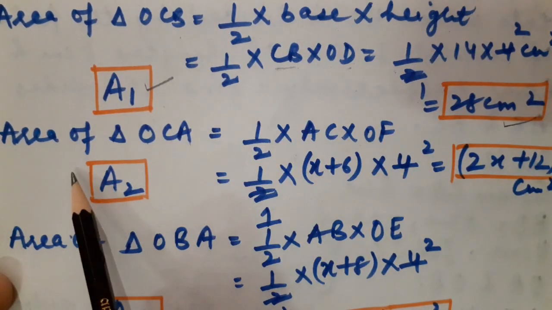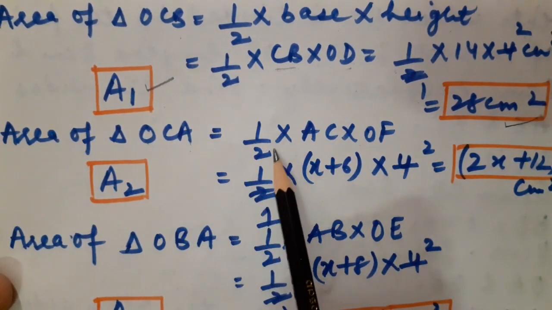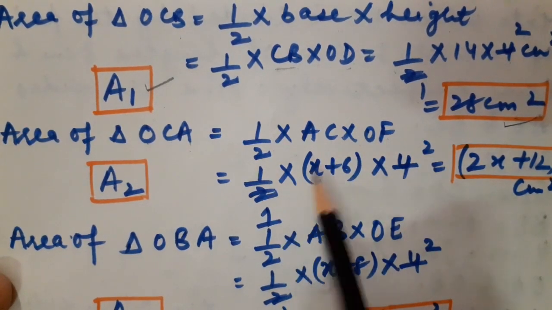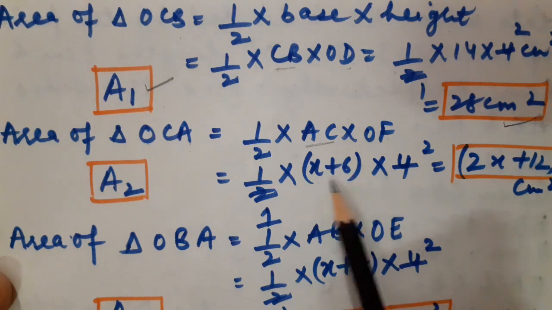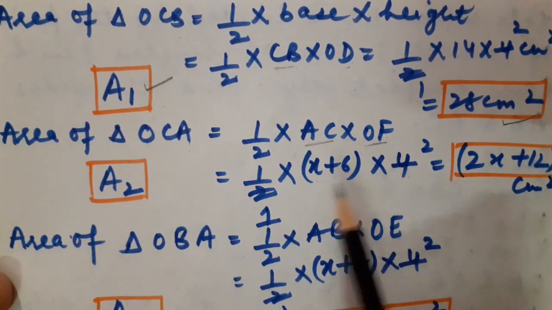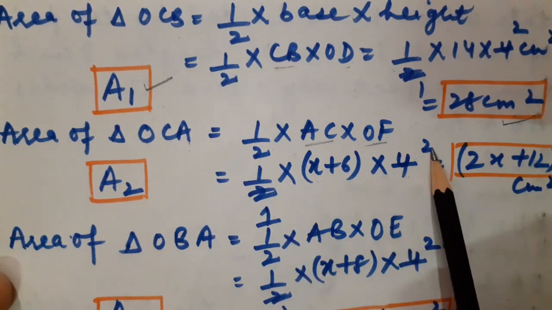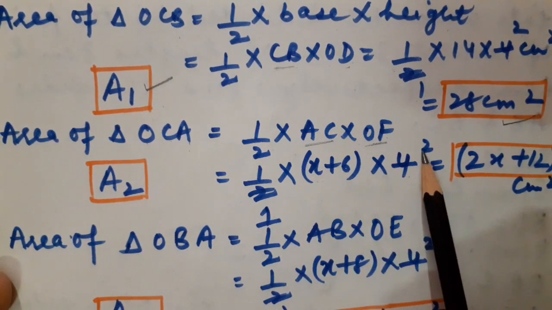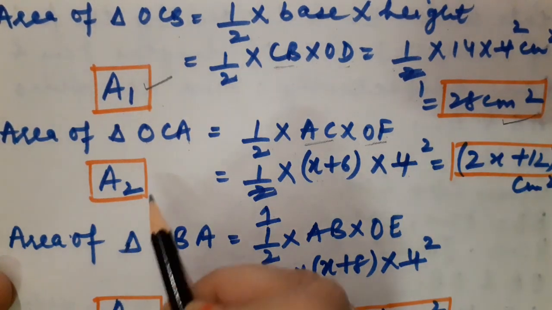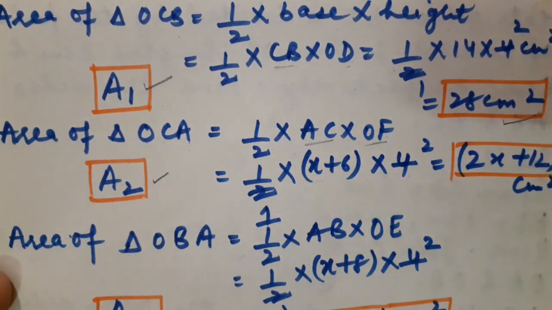So area of triangle OCA is equal to half into AC into OF. What was the length of AC? X plus 6 into what is the radius? That is 4 centimeter. 2 ones are 2, 2 twos are 4. So x plus 6 into 2, children, I have got 2x plus 12 centimeter square. So this is area number 2.